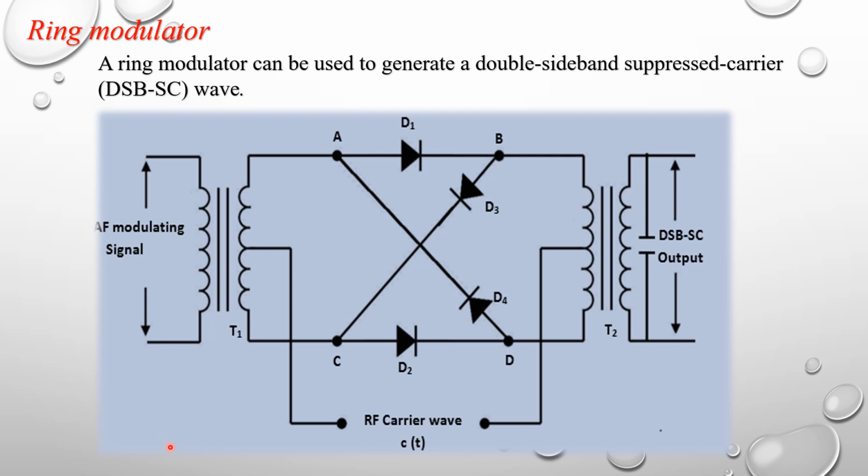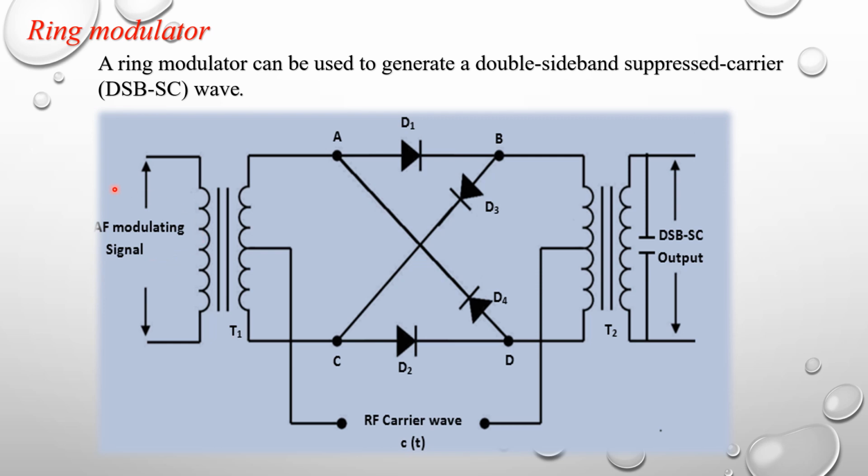Here, this is the carrier signal, the RF carrier wave C of t. The carrier signal is applied to the center taps of the input and output transformers. So the carrier is connected to the center tap of the input transformer T1 and the output transformer T2, and the modulating signal is applied to the input transformer T1.